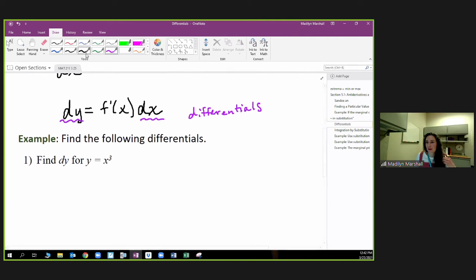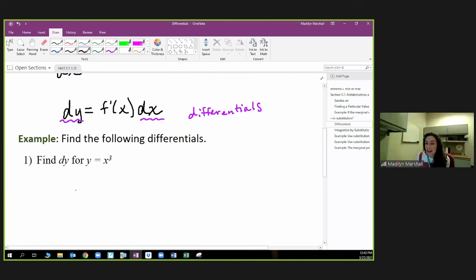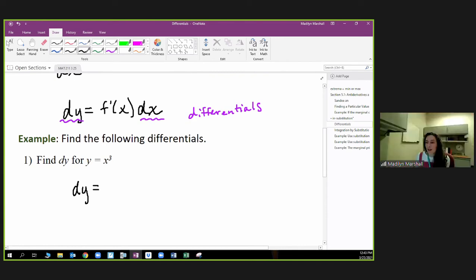So let's look at this first example. We're going to find the following differentials. So we want to find dy for y equals x cubed. So 3x squared dx. Exactly, yes. So dy equals, we just take the derivative of that function, x cubed, which is 3x squared.